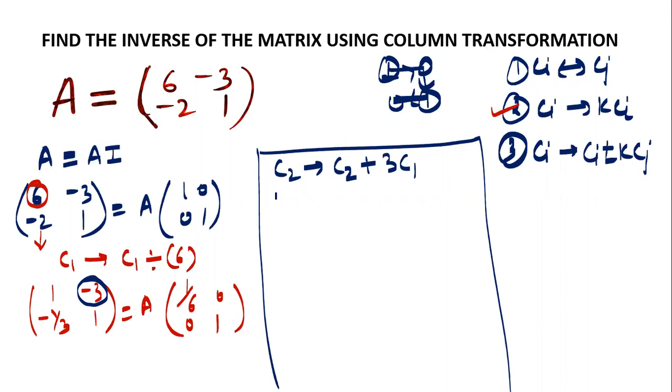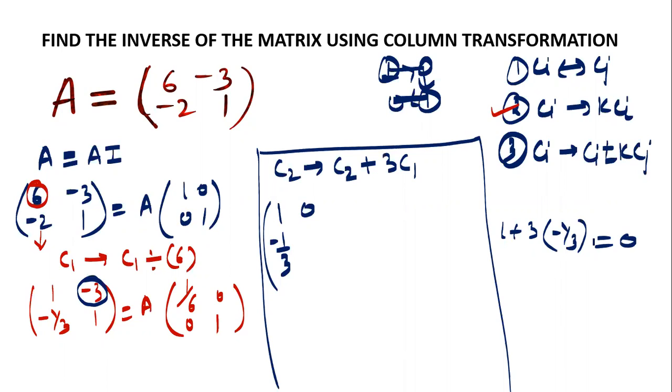First column will remain as it is, and second, 0, 1 plus 3 into C1, that is minus 1 upon 3.